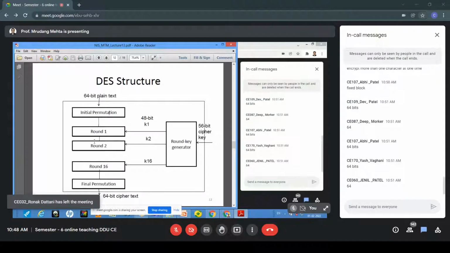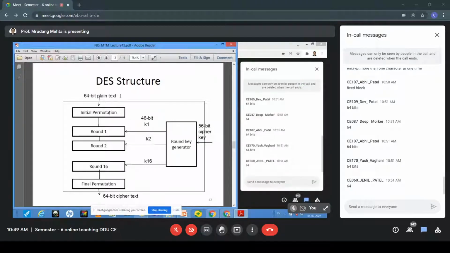And then we apply 16 rounds. Each round has one more input, which is the key, and this key is 48-bit. But this 48-bit key is generated from the 56-bit cipher key. So there are 16 different keys, each key for one round, generated from the 56-bit cipher key.